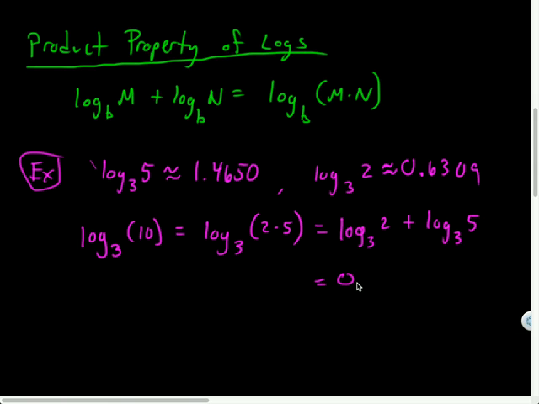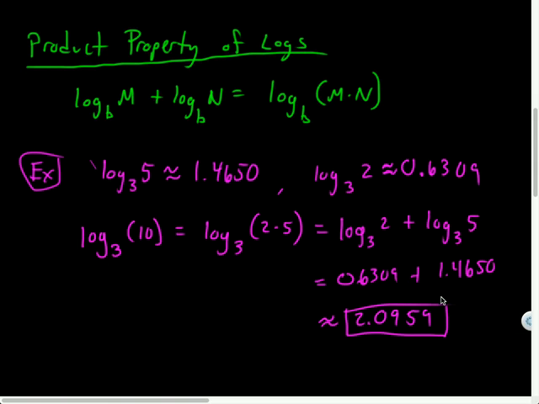So this would just be 0.6309 plus 1.4650. I get log base 3 of 10 is about 2.0959. Just by adding them up.